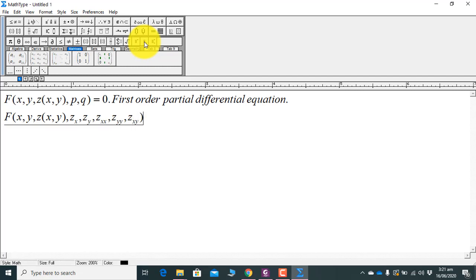So generally this is the form of a second order partial differential equation, which means any relation between the independent variables, the dependent variable and their first and second order partial derivatives, at most equal to 0.